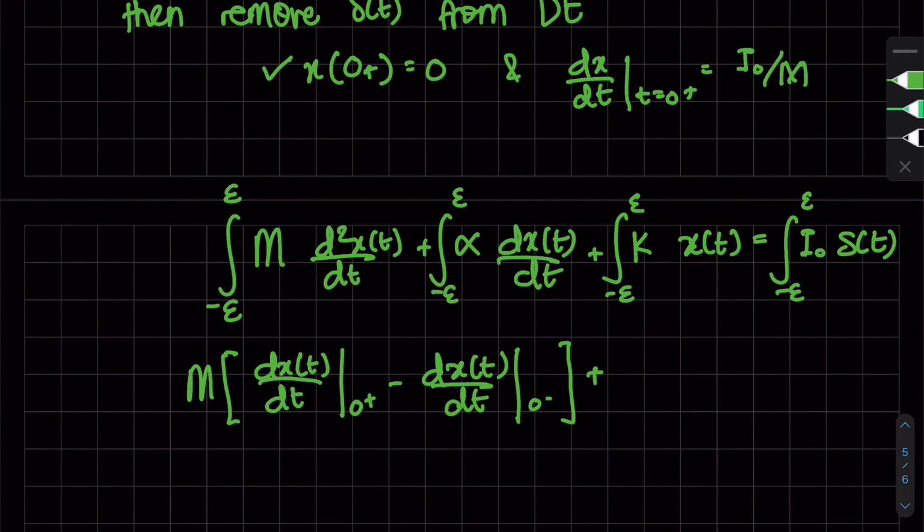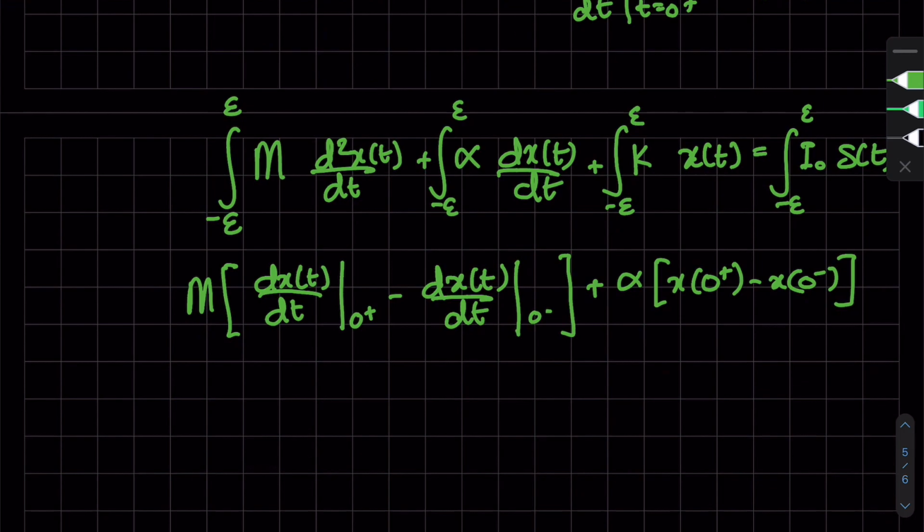This is going to be alpha times x of 0 plus minus x of 0 minus. This guy, well, if you take the limit as epsilon goes to 0, this interval just becomes 0 to 0, which integrates to 0.